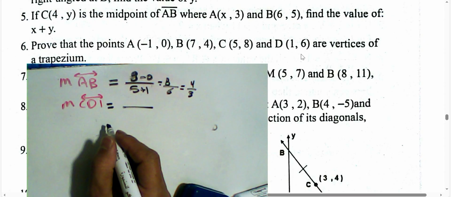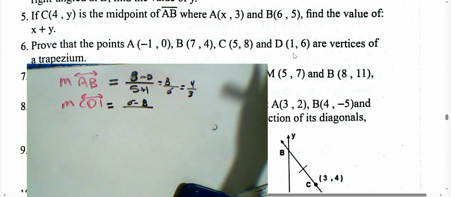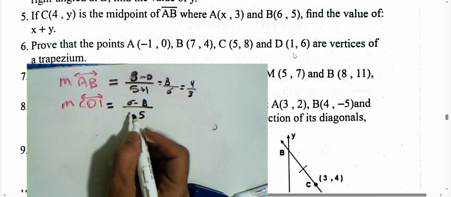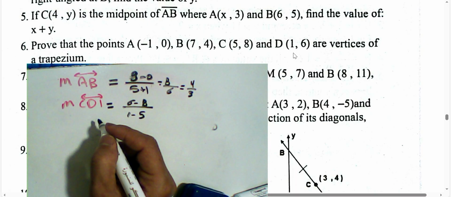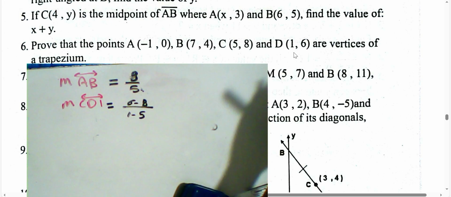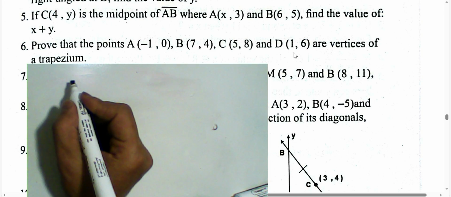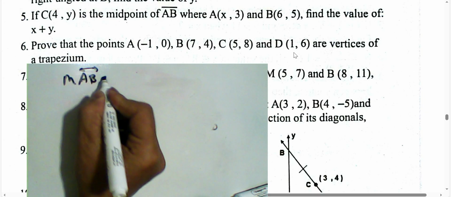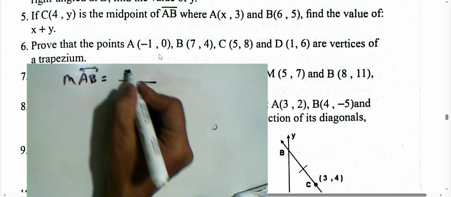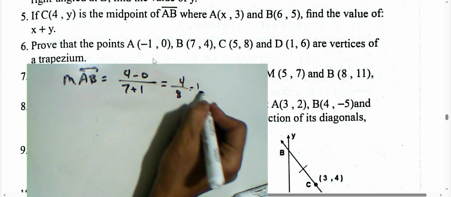C and D. We have 6 minus 8 over 1 minus 5. No, I read wrong. Look here again. I will write the numbers because it's not clear. The slope of AB, A and B: 4 minus 0 first over 7 minus minus 1, it will be 4 over 8, it will be half.